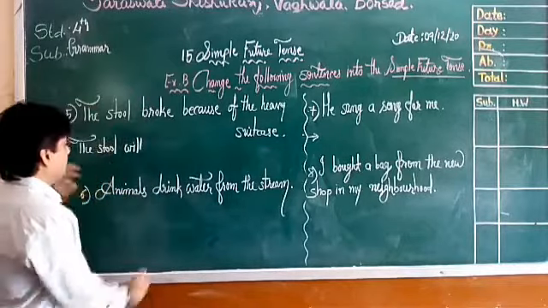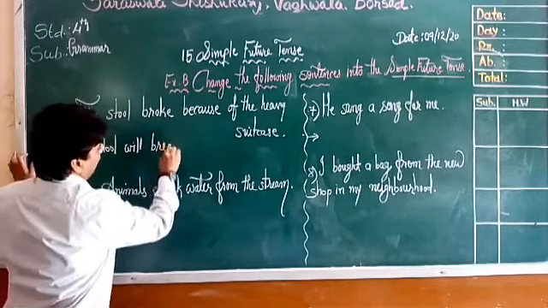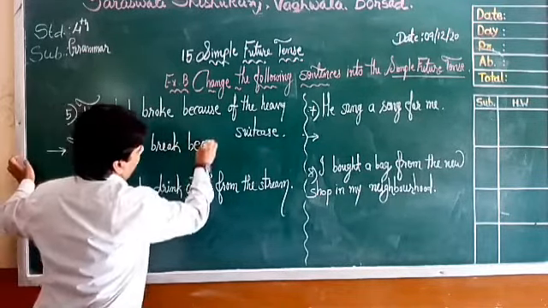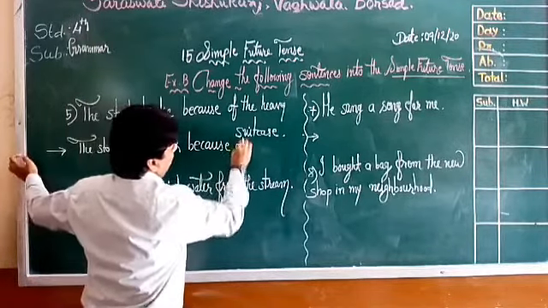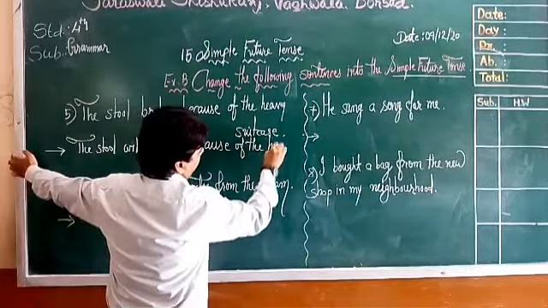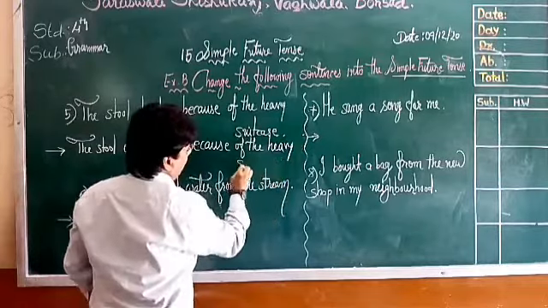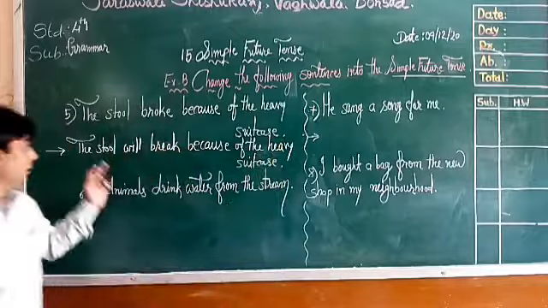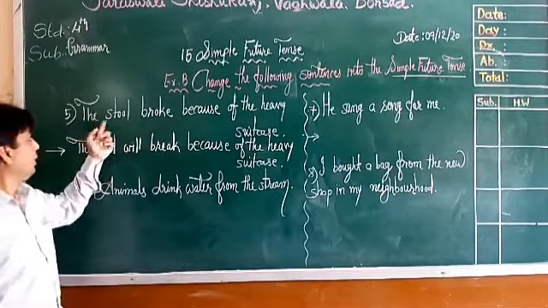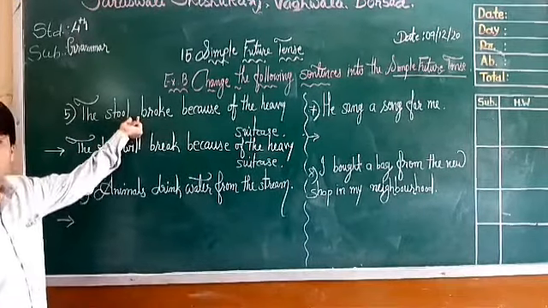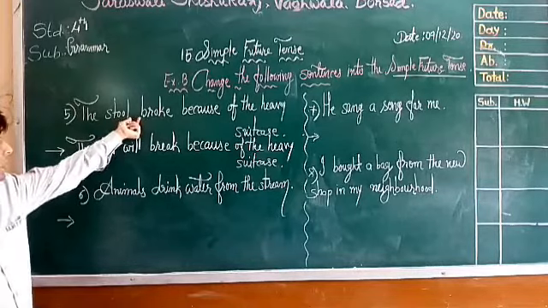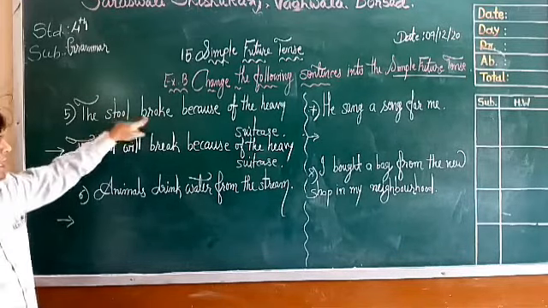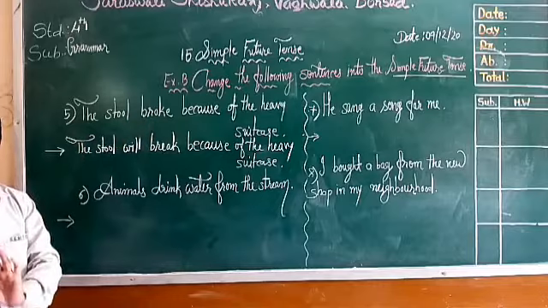Break. The stool will break because of the heavy suitcase. Right? Between the stool and broke there must be will. Remember one thing, right? Between the subject and the verb there will be will.